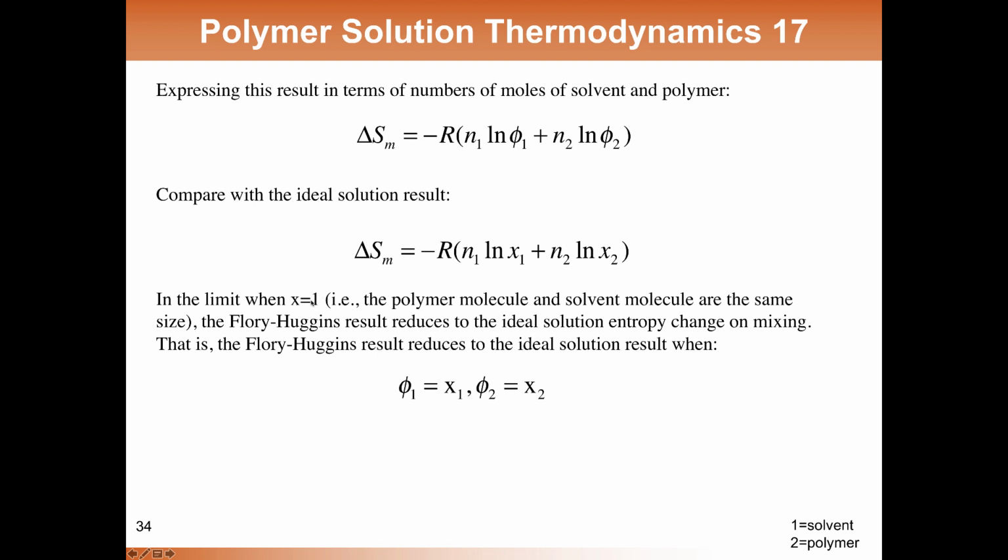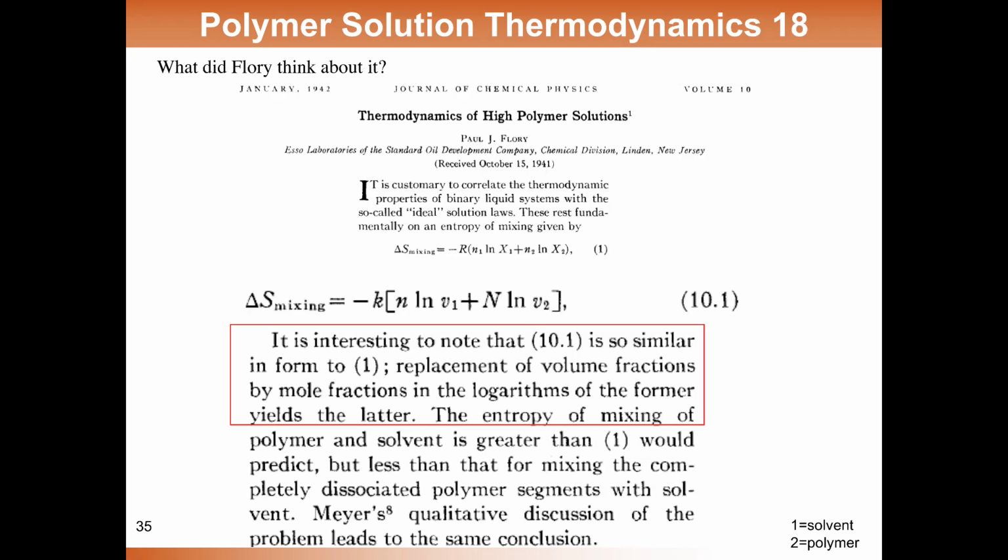And in the limit when X is equal to 1, that is, the polymer molecule and solvent molecules are the same size, the Flory-Huggins result reduces to the ideal solution result that we derived to get Raoult's law back at the beginning of this lecture.